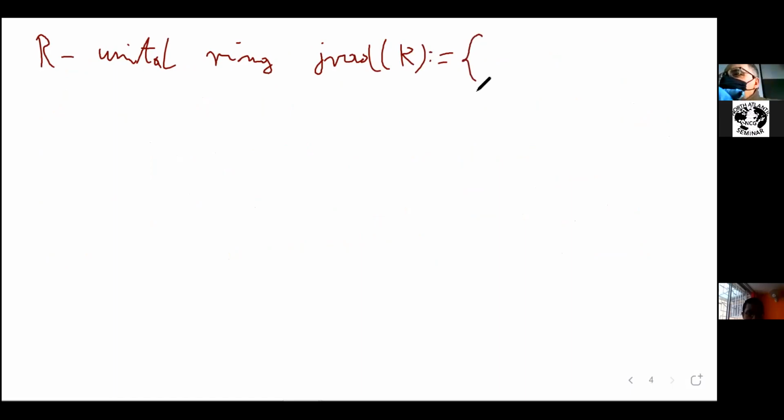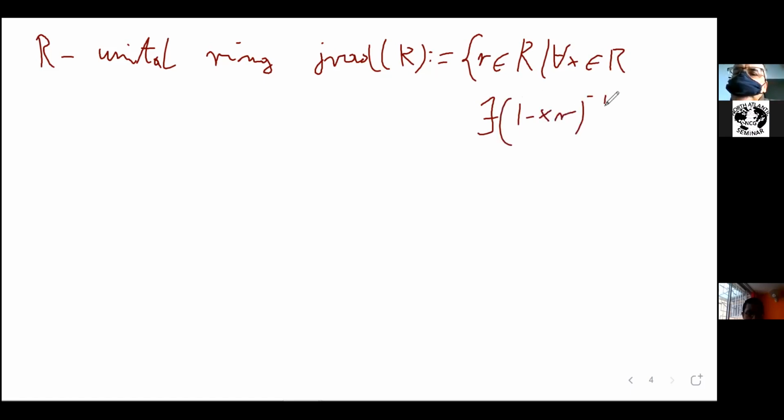This is the set of all r in R such that for all x in R, there exists the inverse of 1 minus xr. And how did I define xr in this ring?